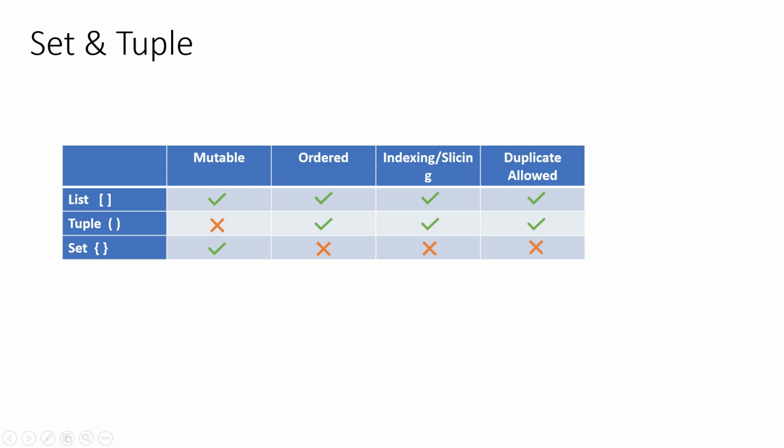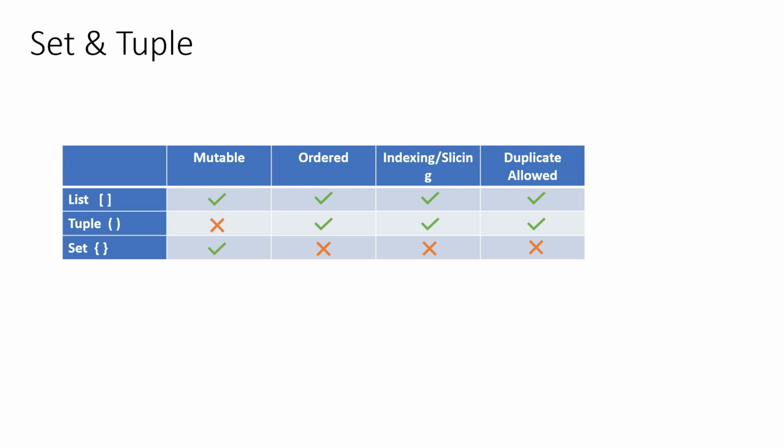Lists are mutable, ordered. You can use indexing and slicing, and duplicates are allowed. Tuples are also ordered and indexed, and duplicates are allowed, but they are not mutable. And sets are mutable, but they are neither ordered nor indexed, and duplicates are also not allowed in them.